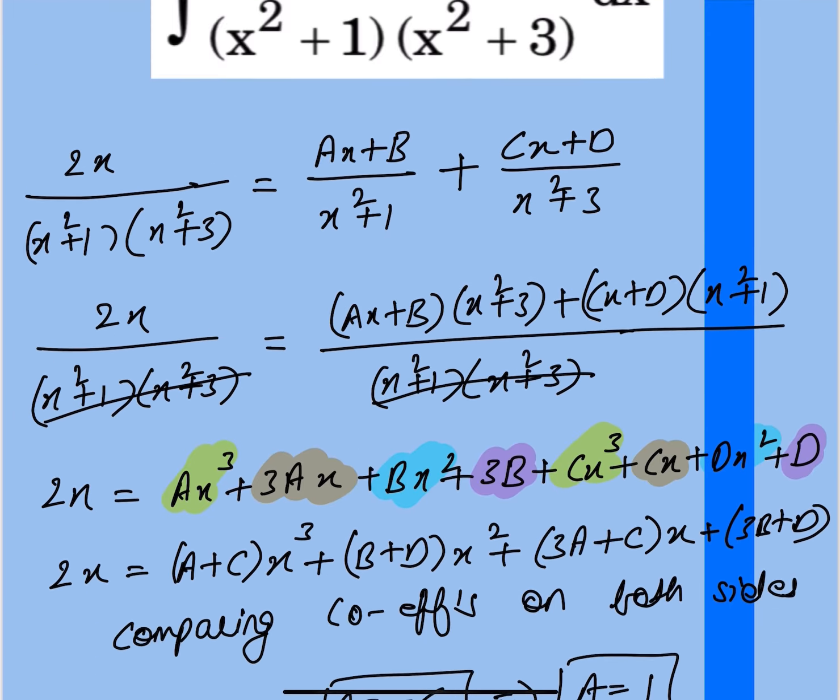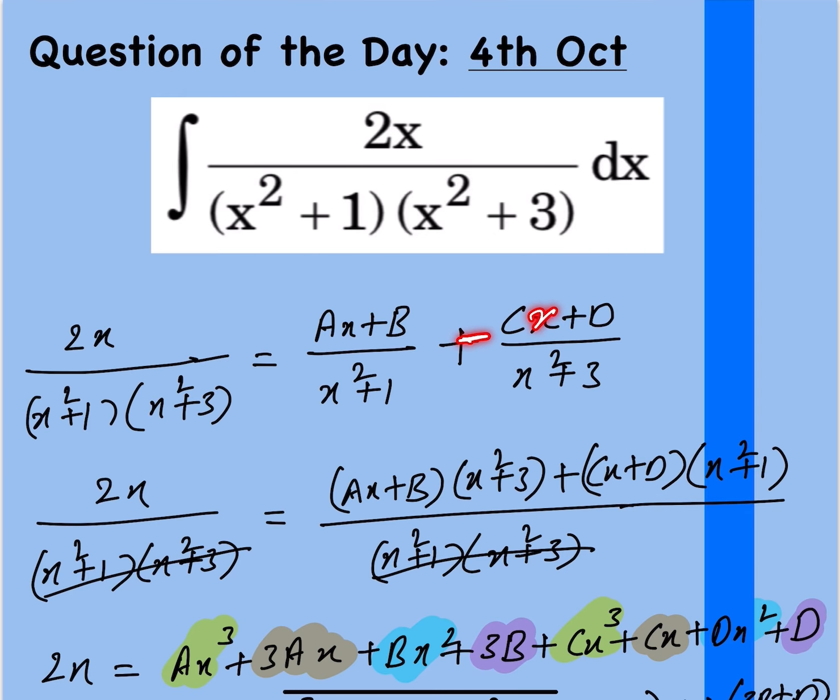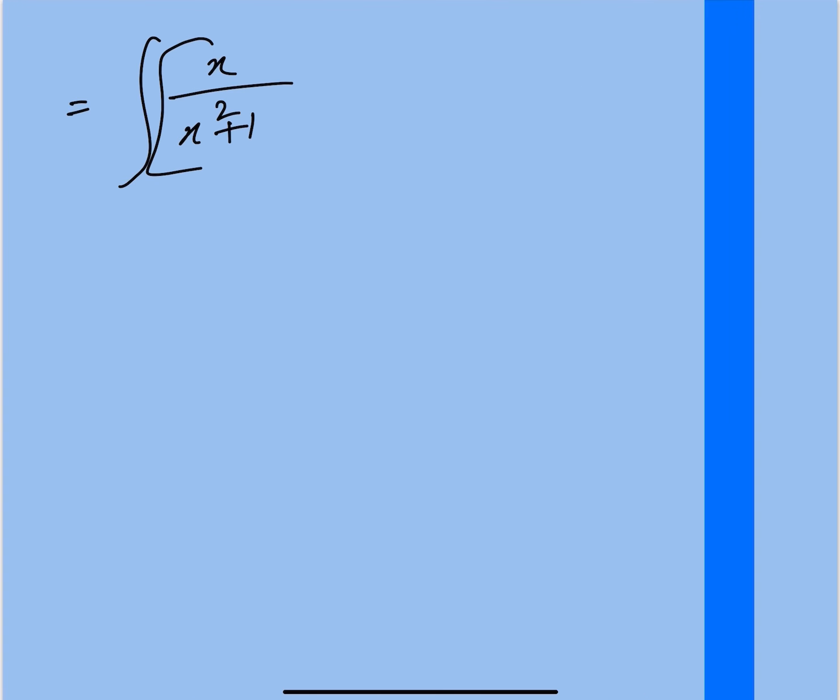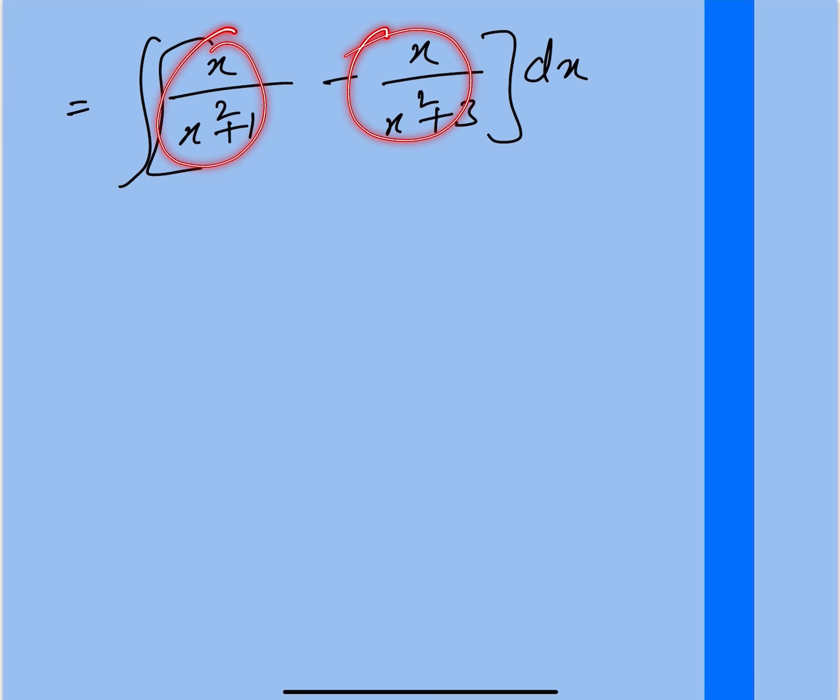Okay, D is 0. So this will become minus x upon x square plus 3, dx. This is what we do to break a partial fraction into separate terms so that we can apply other integration techniques. Okay, now what do we do after this?